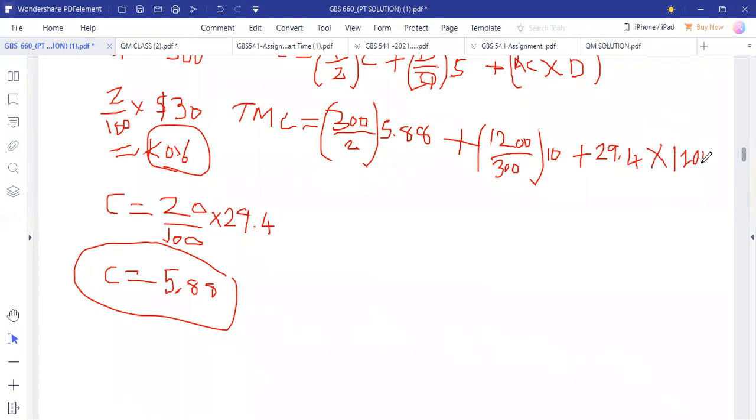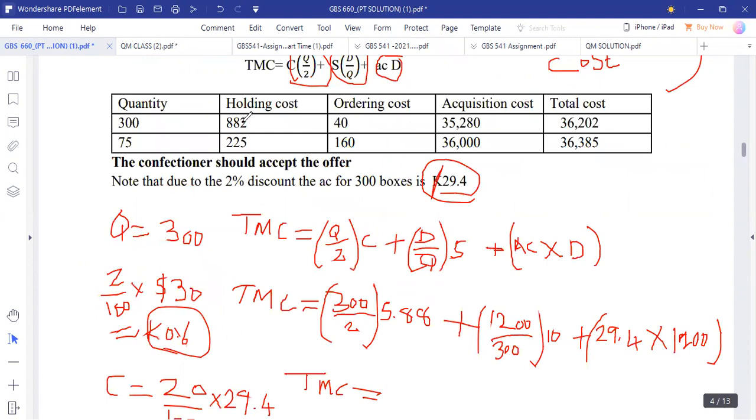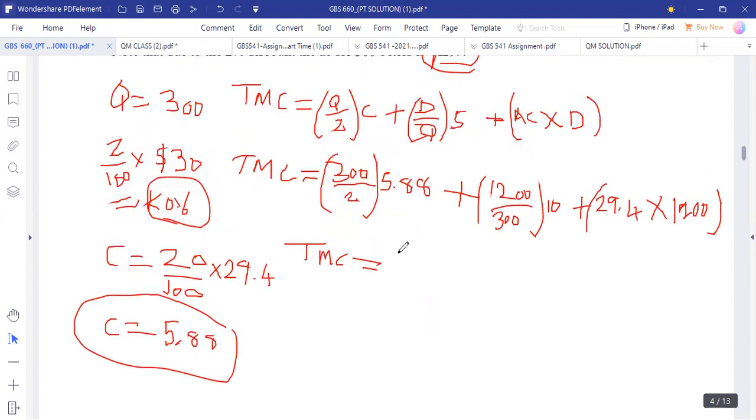So aggregating to find the sum, we can get our total material cost, where we can break it down. The first one is 300 divided by 2, multiplied by 5.88, which is 882, found here as the holding cost.